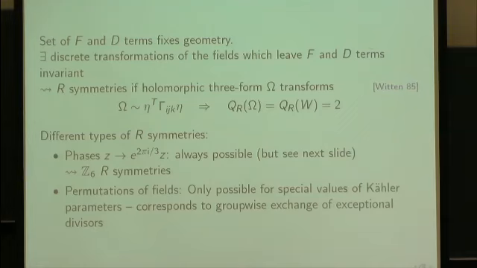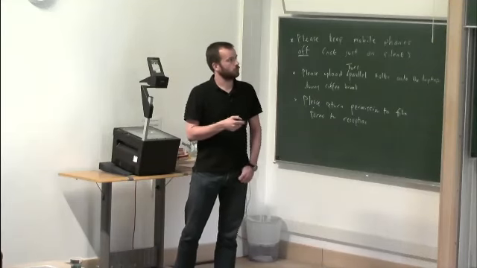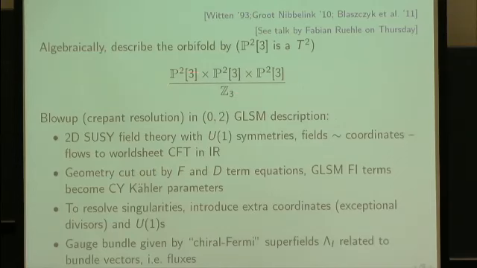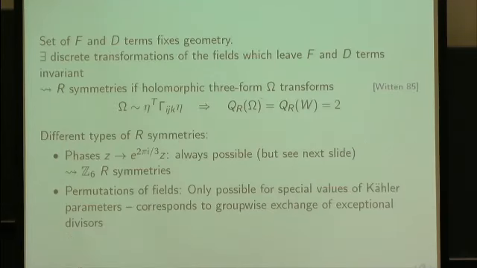If you write down the holomorphic 3 form, which you can do in patches, but it's enough to look at these transformation properties, you find basically 2 types of these R symmetries. One of them is just phases. The point is that from the structure of the polynomials that cut out these P2s, you see that the Zs only appear as Z cubed. So you always have these phase symmetries, and you would think that there are Z6 R symmetries.